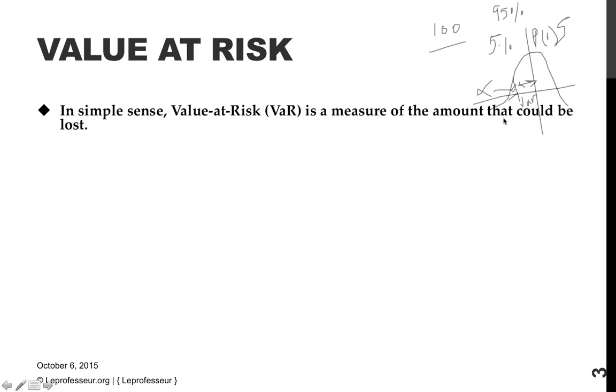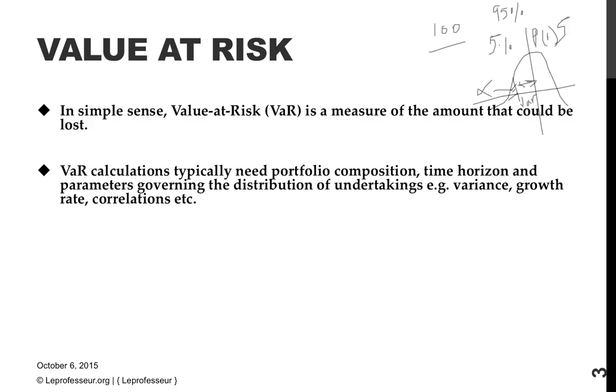In a simple sense, value at risk, VaR, is a measure of the amount that could be lost, right? VaR calculations typically need portfolio composition, meaning how many companies or how many stocks you have in your portfolio and their proportions, the time horizon, maybe 1 day, 2 days, or whatever you say, and the parameters governing the distribution. Now that's a bit tricky because you don't know what's going to happen next day, right?